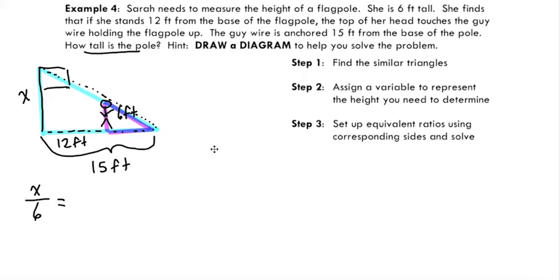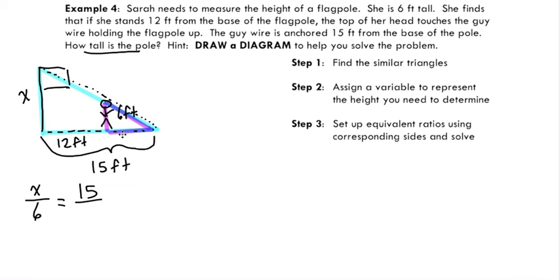I also know that the length between the pole and the guy wire is going to be in proportion to the distance between Sarah and the guy wire. Well, I know that the total distance between the pole and the guy wire is 15 feet. So that's the measurement that corresponds to x.